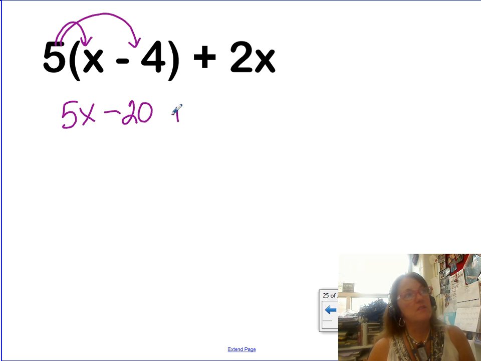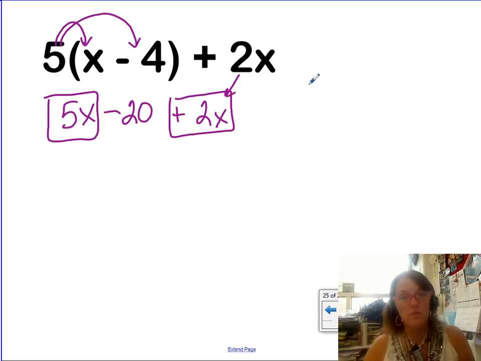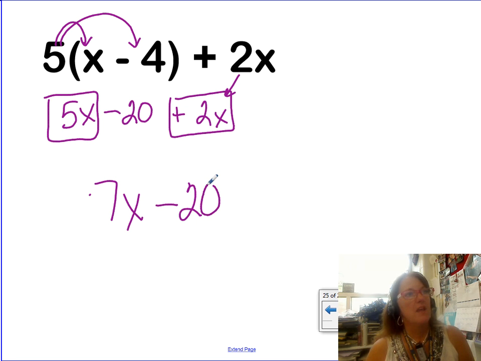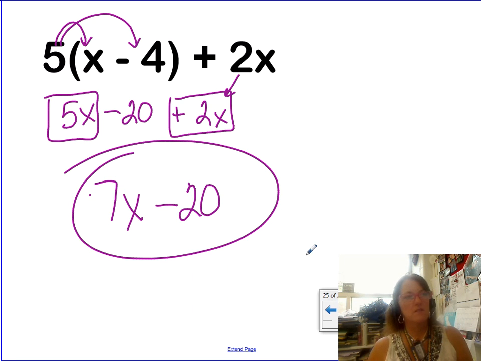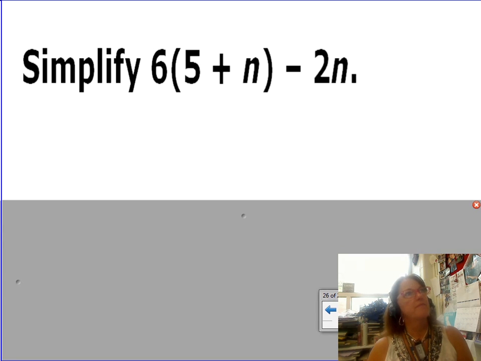Now my parentheses are gone, and I have this 2x that comes down to join the party. Now look for like terms. Do any continuous simplification if you can, and this gives me 7x, and the 20 has to stay as is, 7x minus 20.